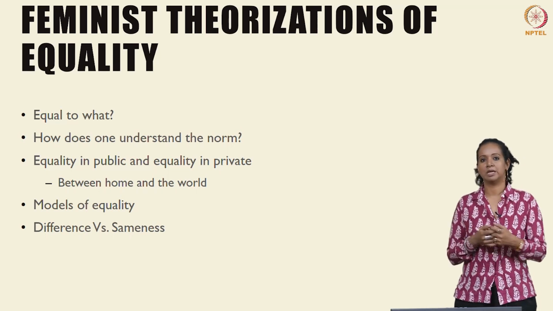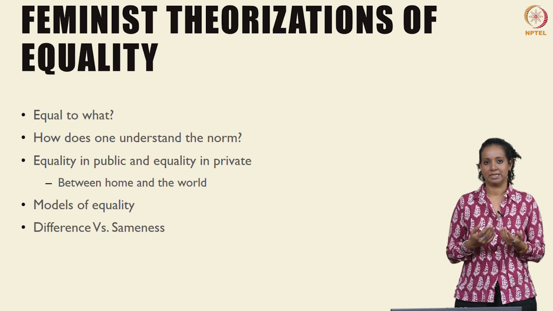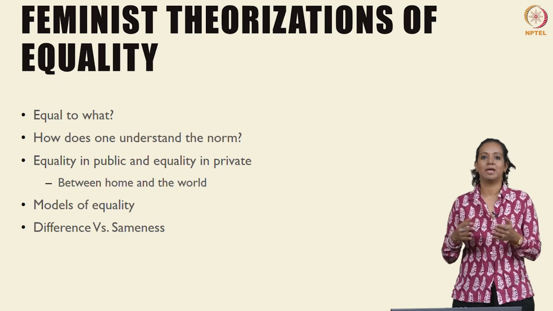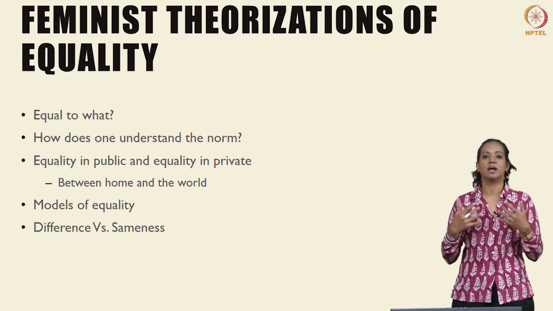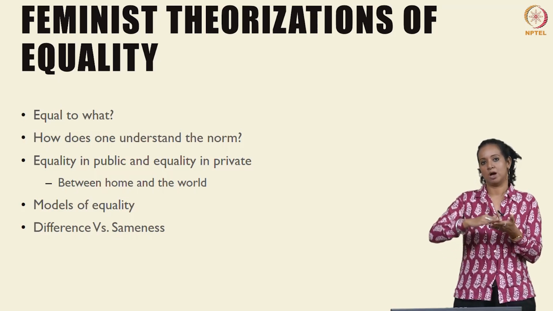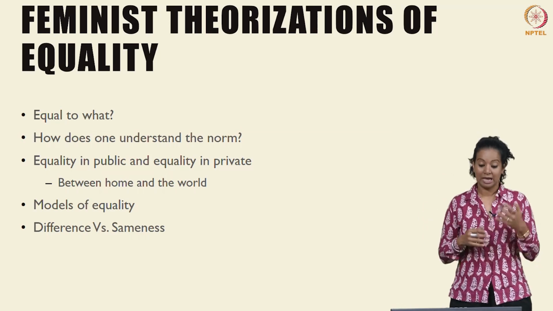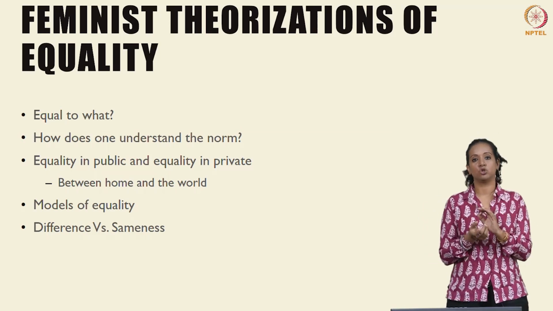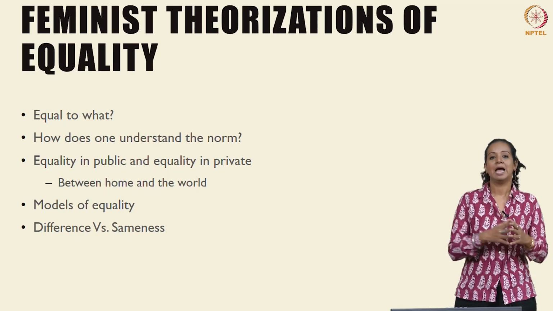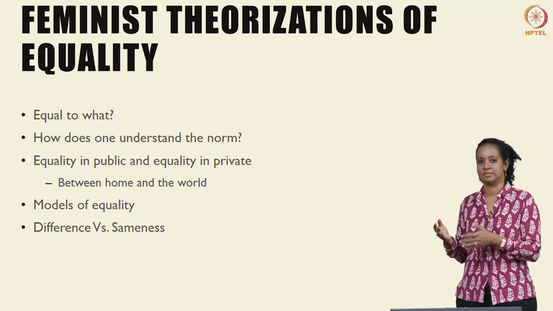This is specifically important in relation to feminist theory because ostensibly the goal of feminism is to achieve equality for men and women and every other kind of identity function in the world. Therefore, you have to ask, what is the norm that equality seeks to achieve? Is this norm pre-decided? Is this something we have to come up with? Are there ways in which we have to imagine it in a way that doesn't exist?